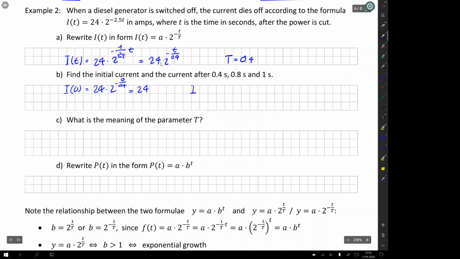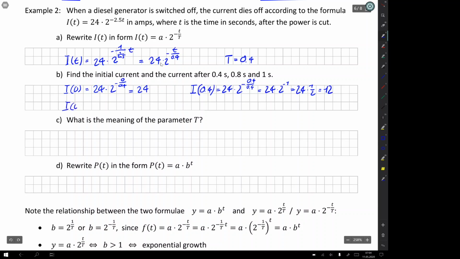The current after 0.4 seconds: 24 times 2 to the power of minus 0.4 divided by 0.4. So we have 2 to the power of minus 1. Well, 2 to the power of minus 1 is just a half, so we find it's 12.